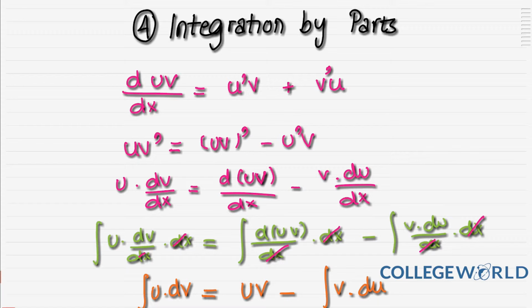Of these two expressions, one can be easily differentiated, while the other can be easily integrated, because we're going to be differentiating the u, and integrating the dv into v. After that, the aim of integration by parts is to get a simpler integral, usually of one single expression, from the original complicated integral.